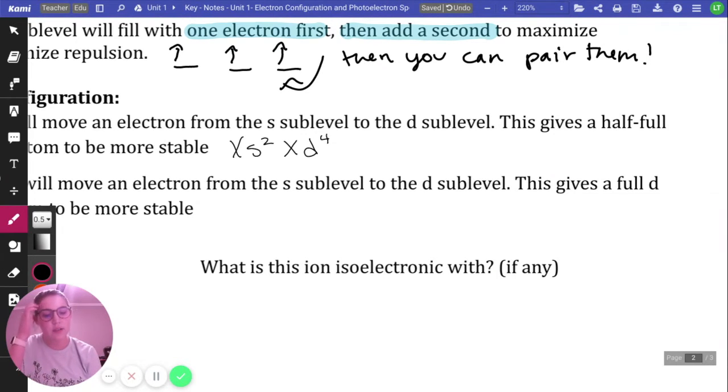So whatever your energy levels are, that's what those X's represent. Now, what actually happens is that one of these electrons in my S sublevel moves into my D sublevel. So what I end up with is XS1, XD5. All right. It just moves to our D sublevel because it makes it more stable.